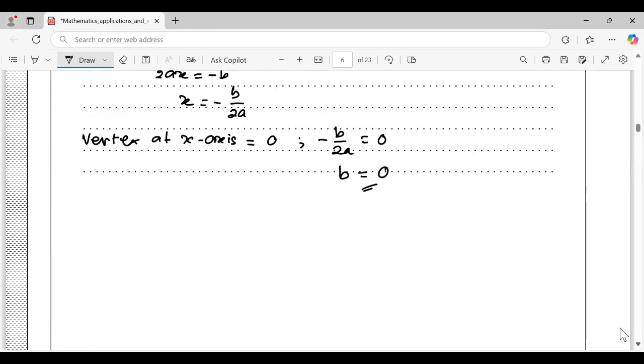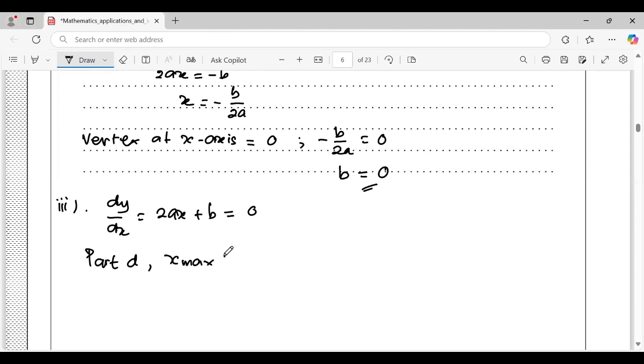Part 3. Maximum horizontal distance. dy/dx, according to part 2, equals 0, or 2ax plus b equals 0. According to part D, the x maximum is equal to 88.2.